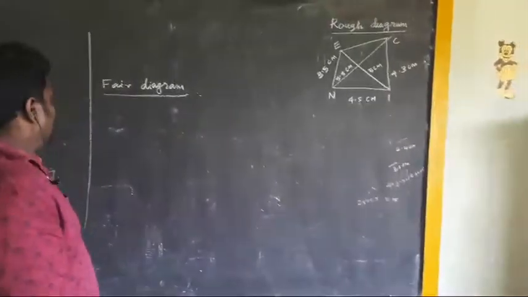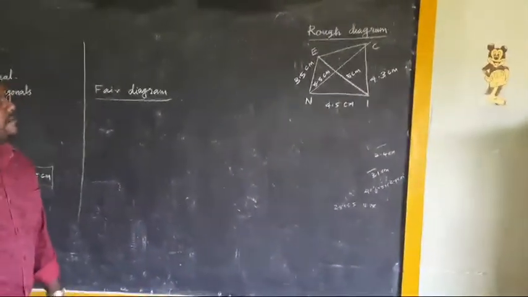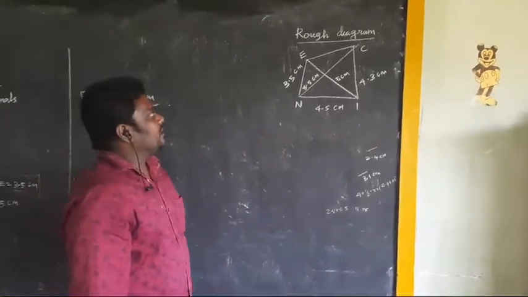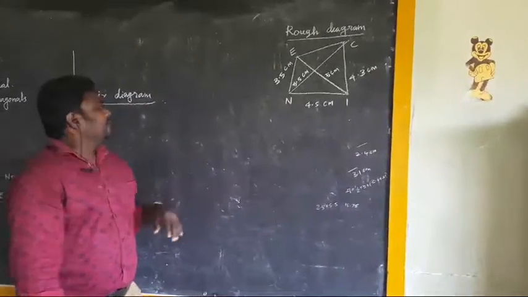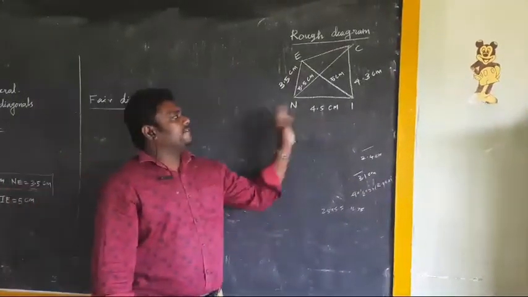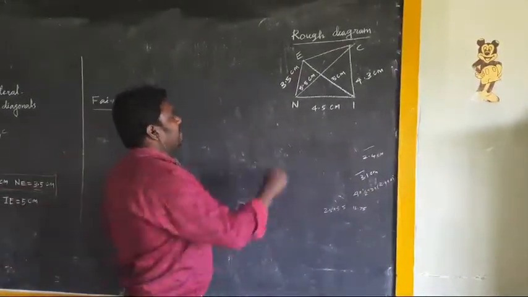Before we draw the quadrilateral, in every geometry problem we should first draw the rough diagram. Based on the rough diagram only, we draw the fair diagram. So this is the rough diagram of the given information.